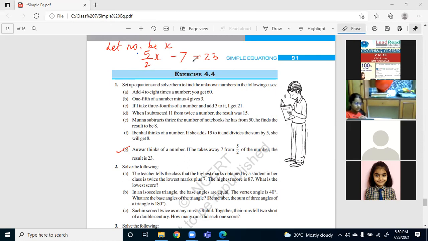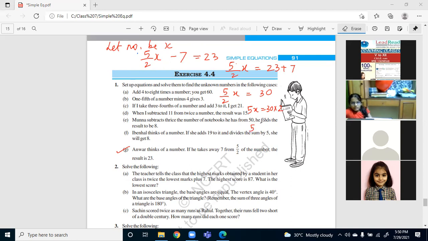Ma'am, it is 5 by 2x is equal to 23 plus 7. Correct, 5 by 2x is equal to 30. Correct, 5x is equal to 30 into 2. Correct. 5x is equal to 60.